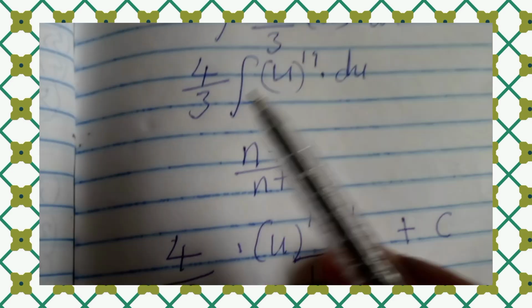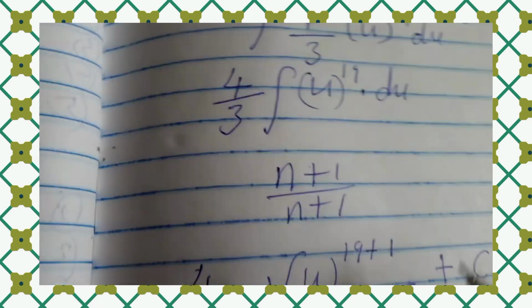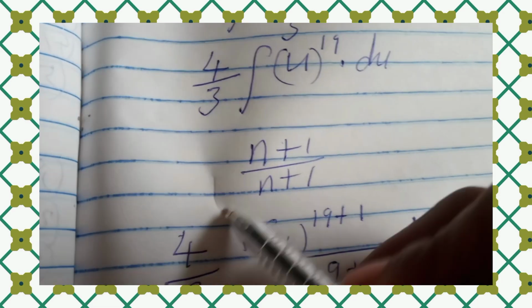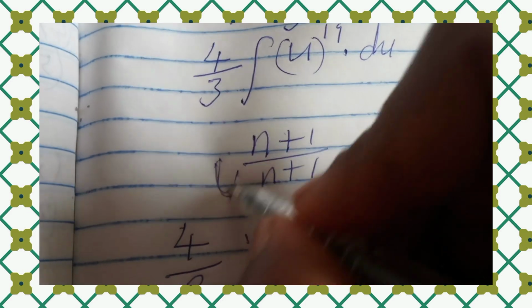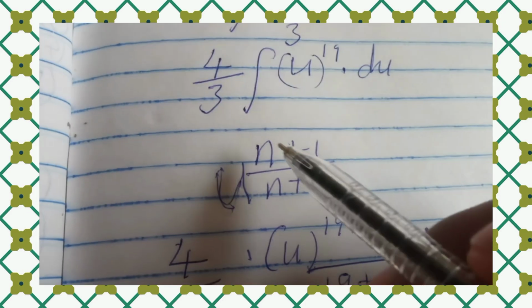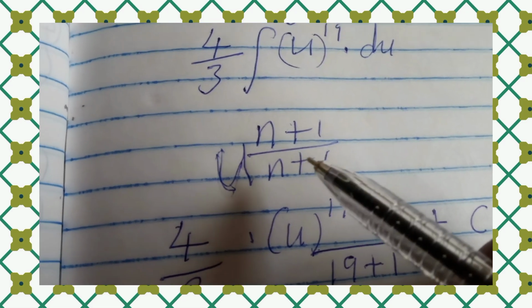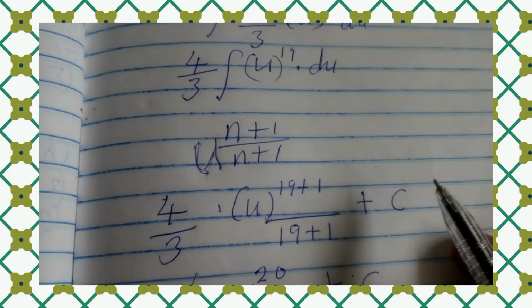You know that in integration, let me just say this is u, right, as the function. This symbolizes u, the function. We're going to add 1 to the power, then also divide by n plus 1. That is how I used to do integration.